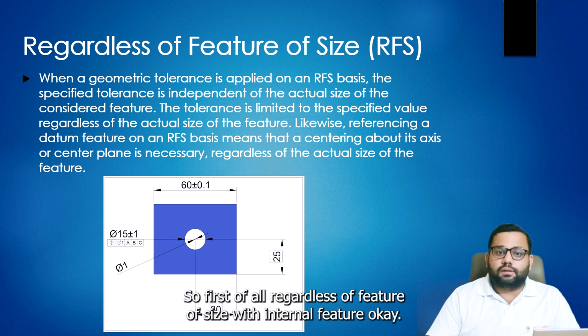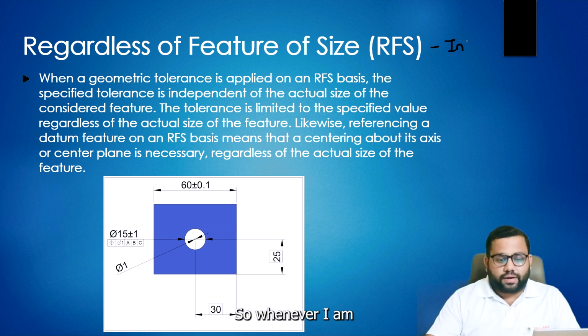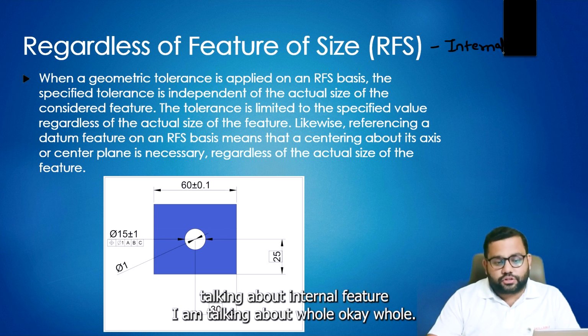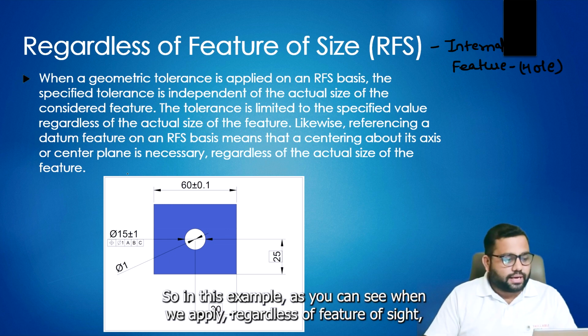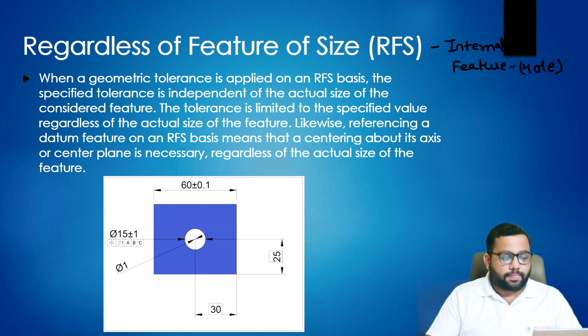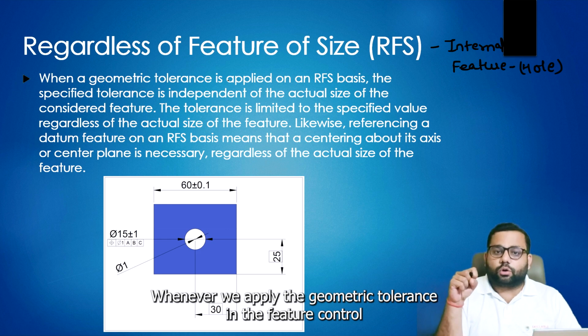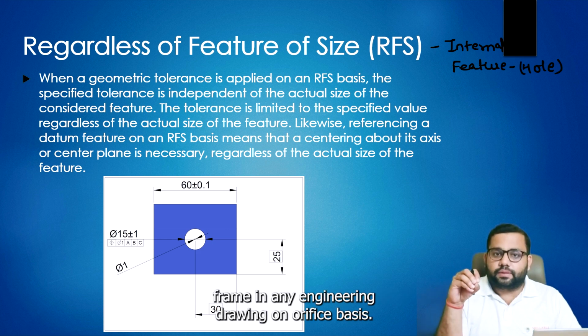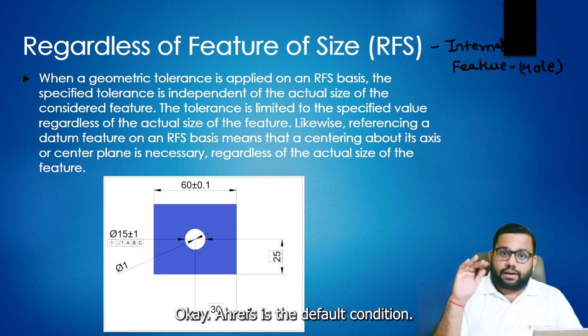First of all, regardless of feature of size with an internal feature. Whenever I am talking about an internal feature, I am talking about a hole. In this example, when a geometric tolerance is applied on an RFS basis in the feature control frame of any engineering drawing, RFS is the default condition.